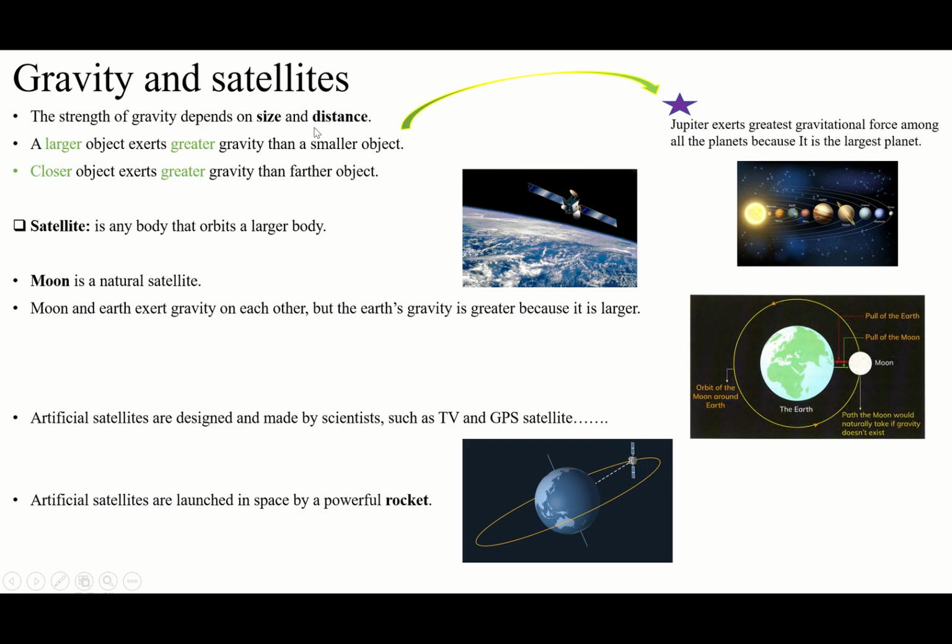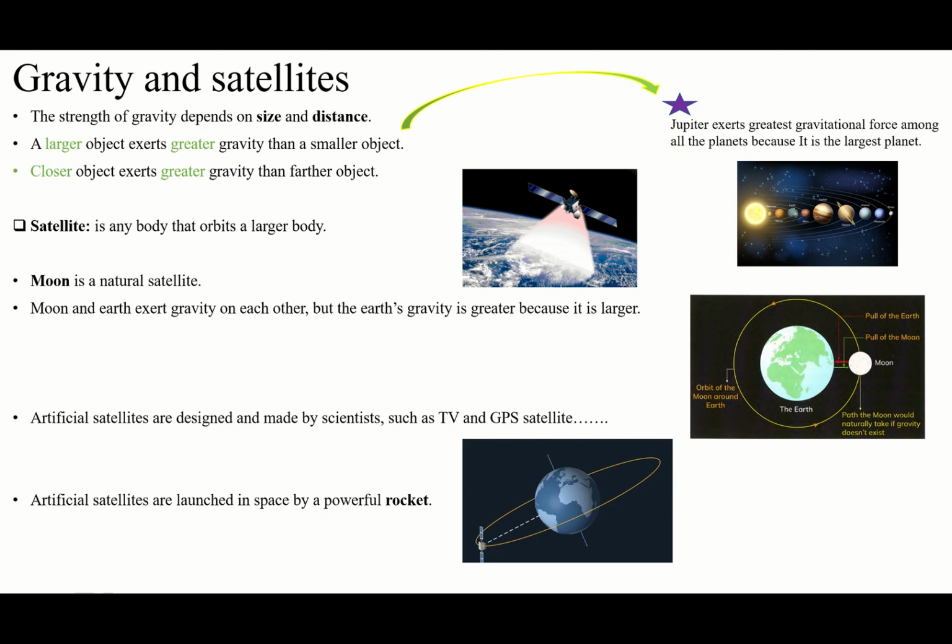Let's go for the next one: distance. A closer object exerts greater gravity, or gravitational force, than farther objects. It means if we have moon and earth, let's come back to this example. Now their distance is constant.